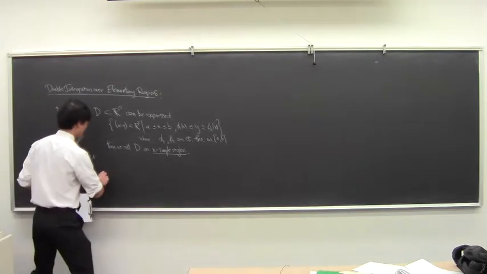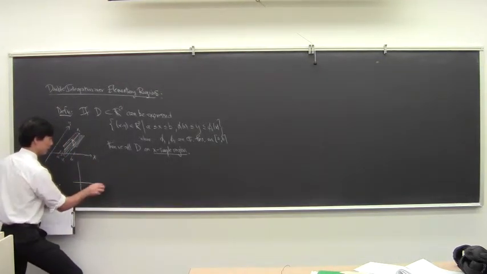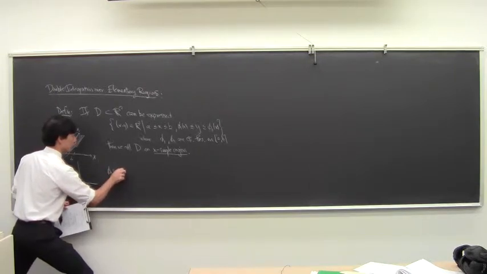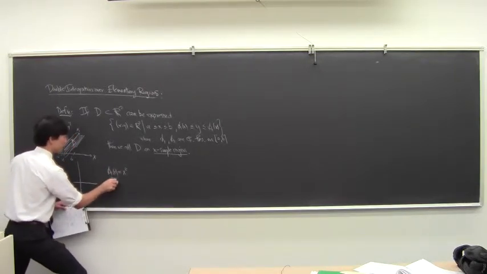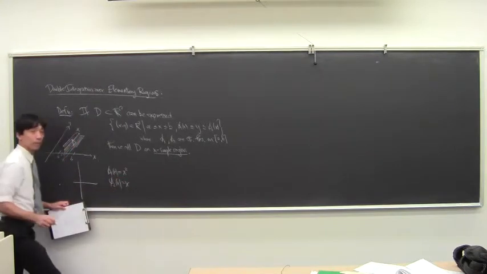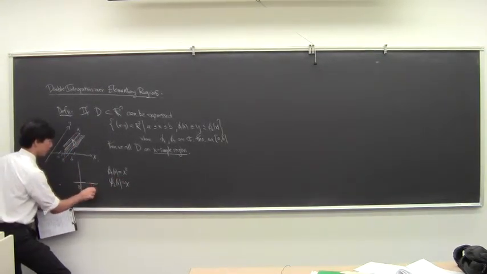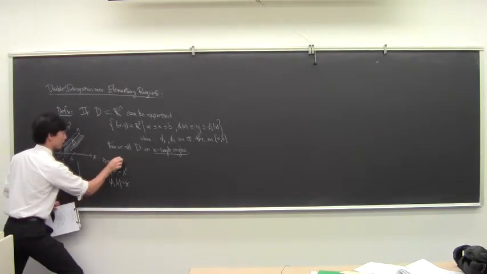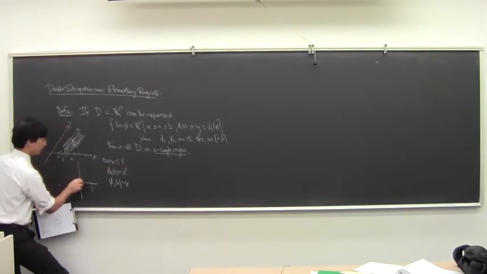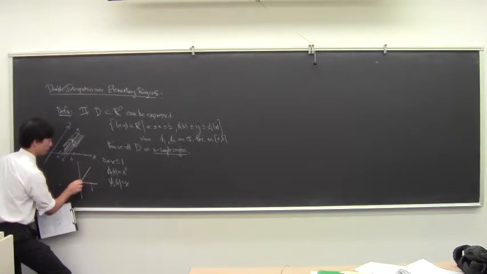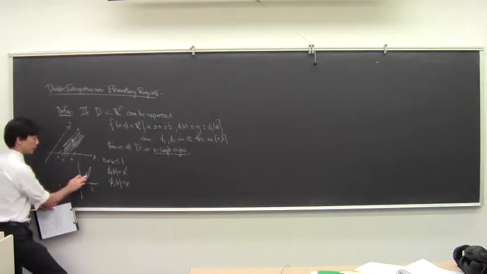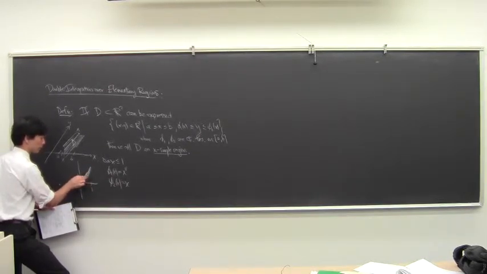So maybe a simple example, your low function is say x squared, your high function is x, and you're on the interval x between 0 and 1. So then your high function is going to be like this, your low function looks like this, and this region between them is D.